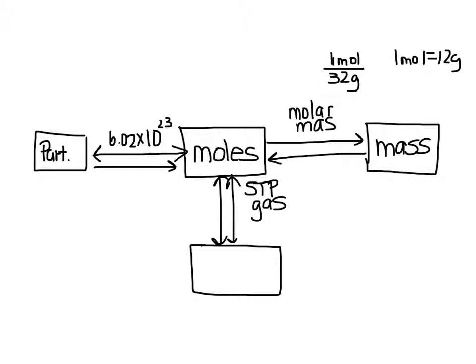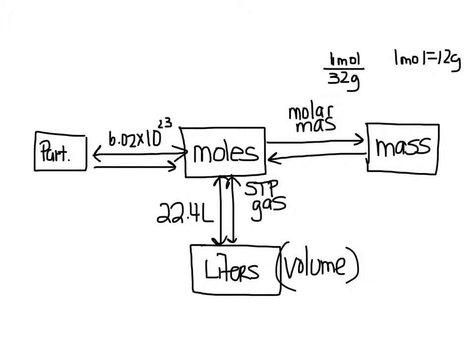Or if I have gas in a box at those conditions, I can figure out how many moles I have if I know the volume of the gas. And our constant here is 22.4 liters.